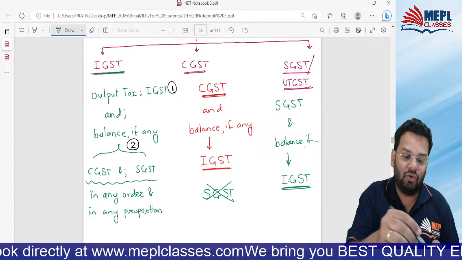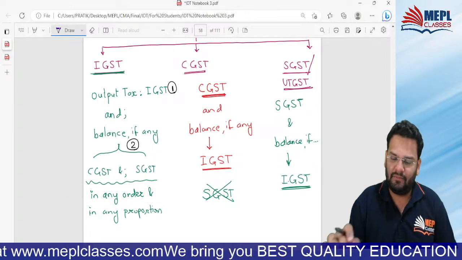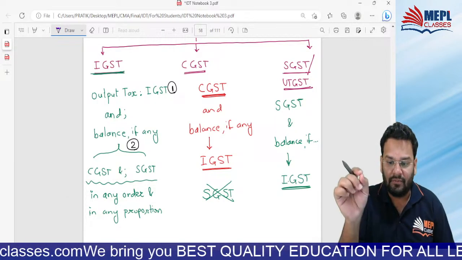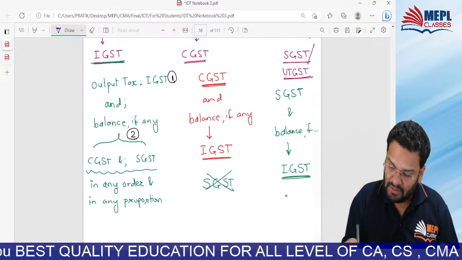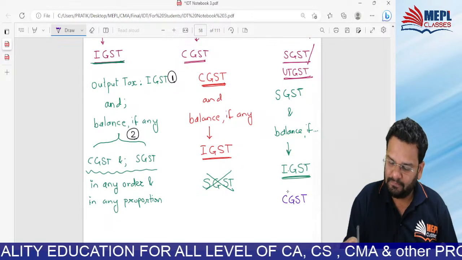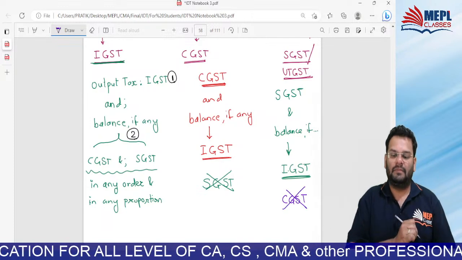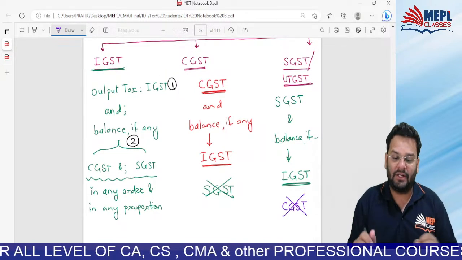But no way you can use SGST or UTGST to pay CGST. Clear? Did you understand the sequence?